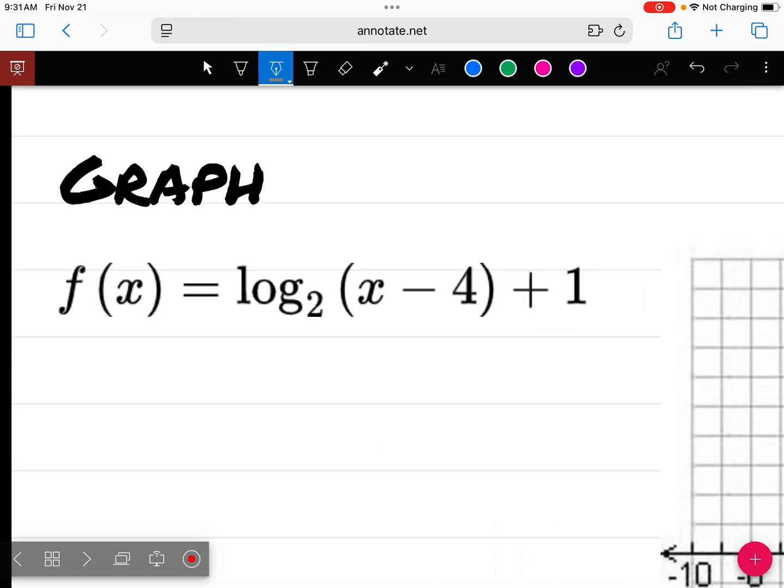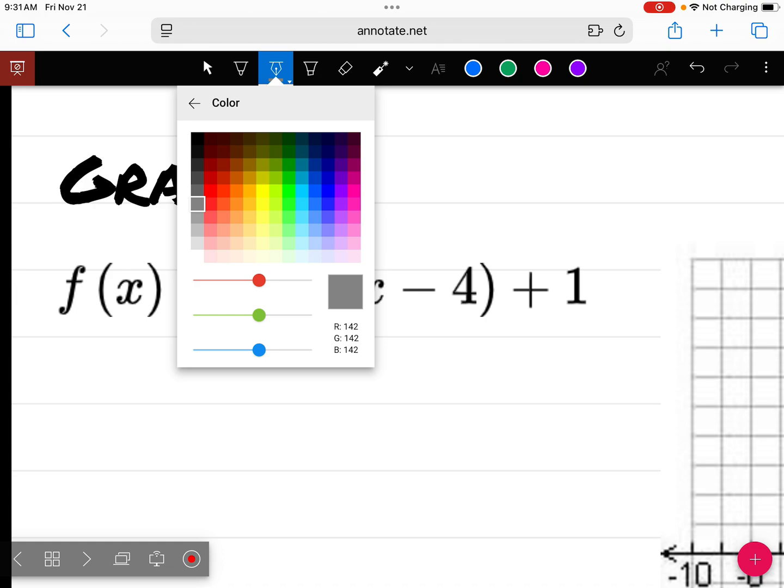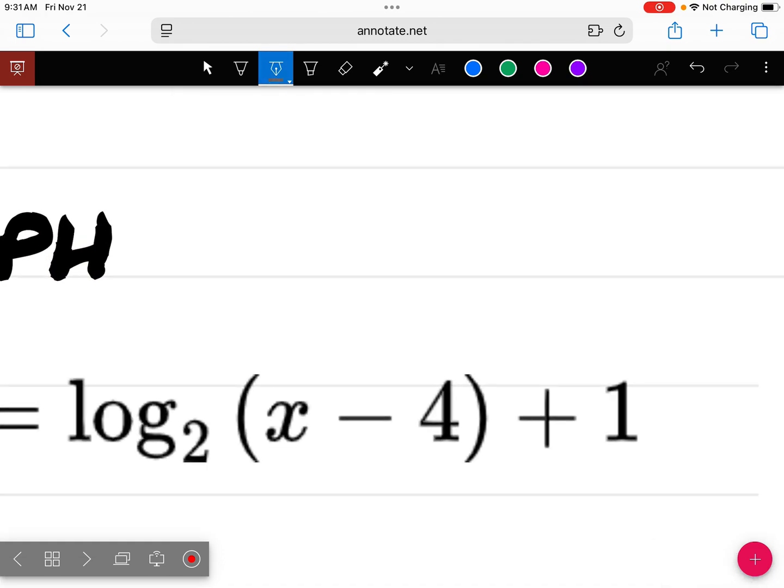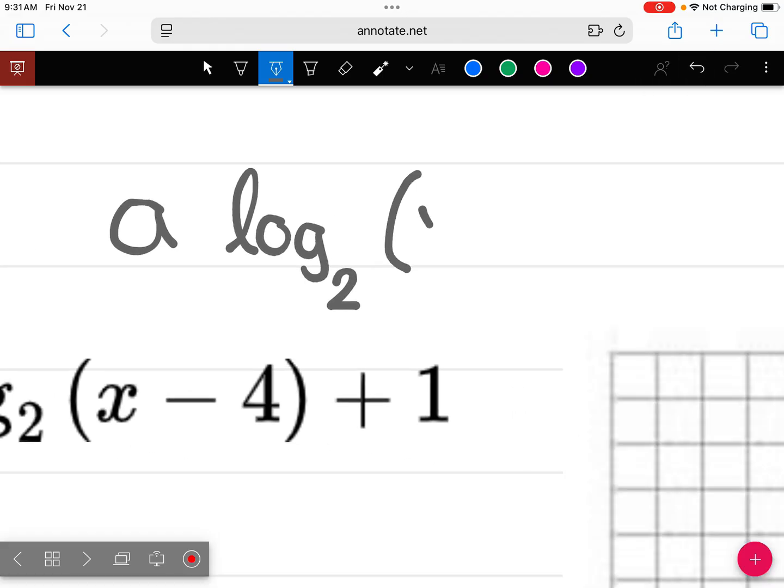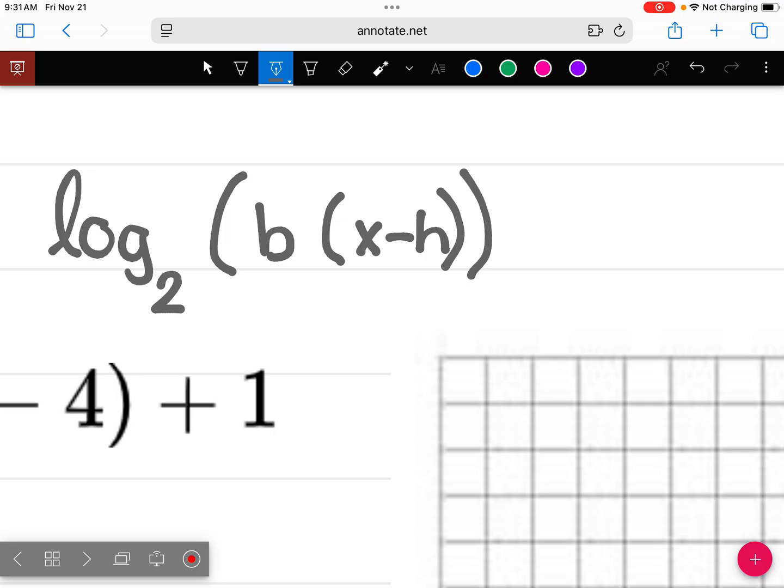When we look at logs to find all of our pieces for those transformations, we are occasionally going to see B transformations again, not base B, but when there's a multiplied inside, multiplied against the X. So I'm going to put our kind of generic with a log base 2, so we don't have B's that mean 2 different things here.